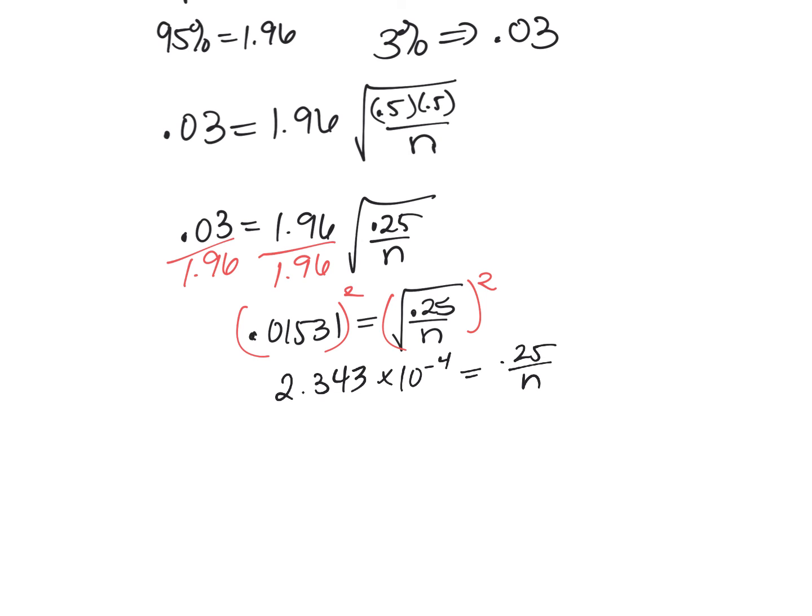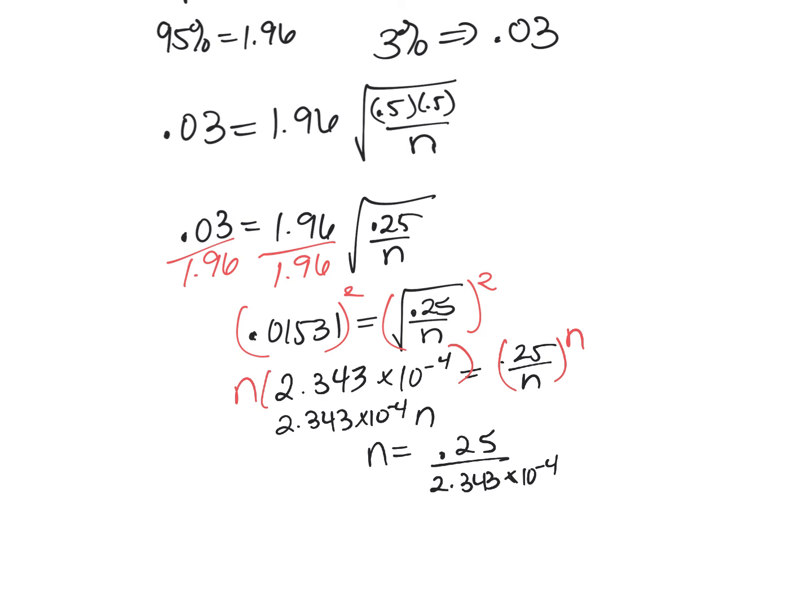And then n is equal to 0.25 divided by 2.343 times 10 to the negative 4. Times by n, divided by the coefficient. Times by n, we got 2.343 times 10 to the negative 4, n equals 0.25.